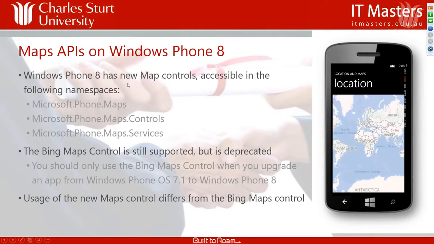There's a bunch of new APIs, of course, for the new mapping control, and bear in mind that the new maps control takes advantage of the Nokia maps, so the Navteq maps that Nokia own, and are surfaced throughout the Windows Phone 8 maps control. So to take advantage of those, the new mapping control is the way to go forward.